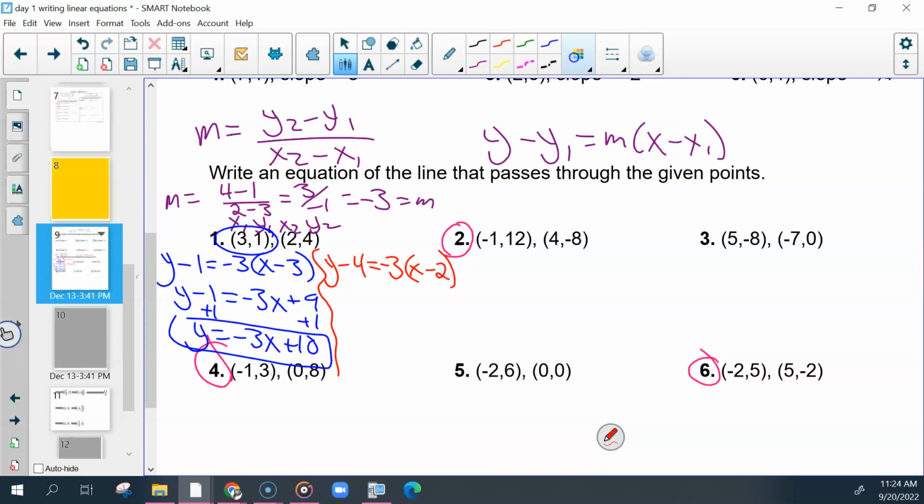If I distribute, I'd have y minus 4 equals negative 3x plus 6. Again, be careful with your signs. And then get rid of the 4 by adding it to the other side. So y equals negative 3x plus 10.